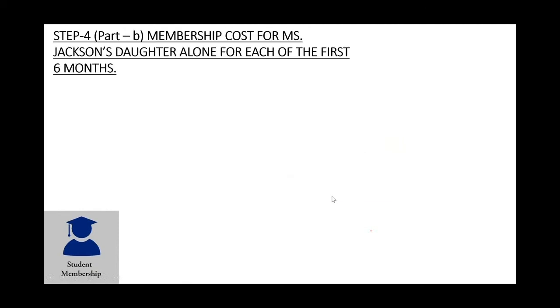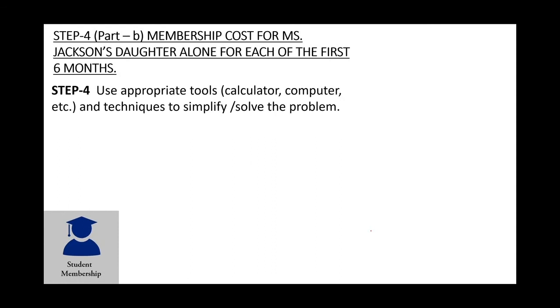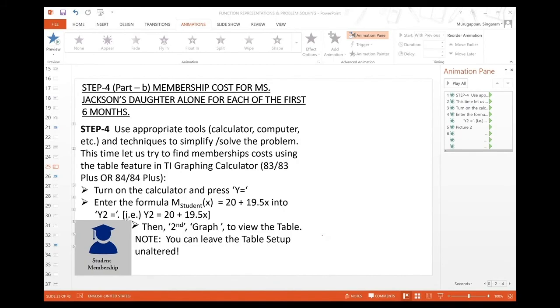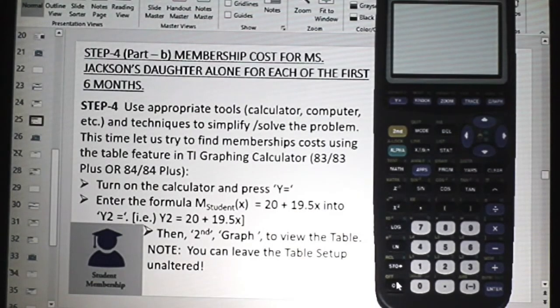So now we are going to use a calculator to bring up our table. We are not going to do it individually because now we know how to use a calculator. So let me bring the calculator back up on the screen. I turn it on. I go to the y equals screen, the equation editor.